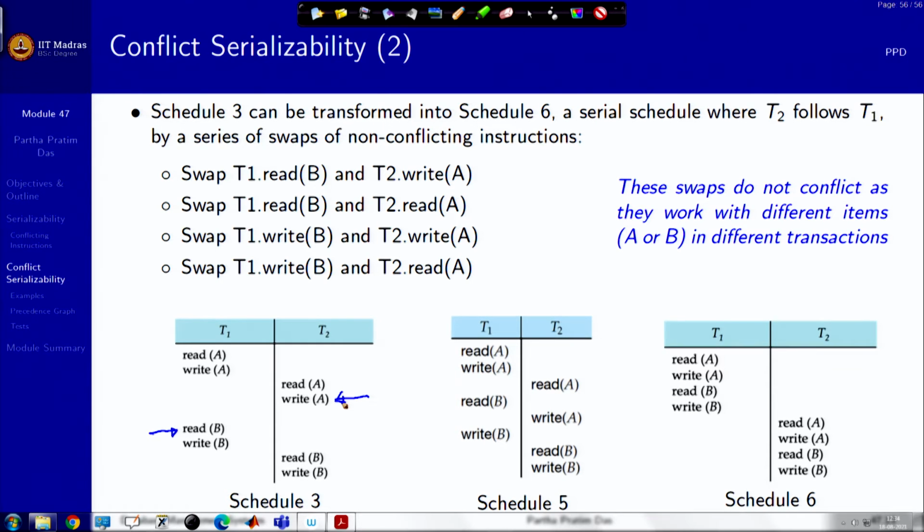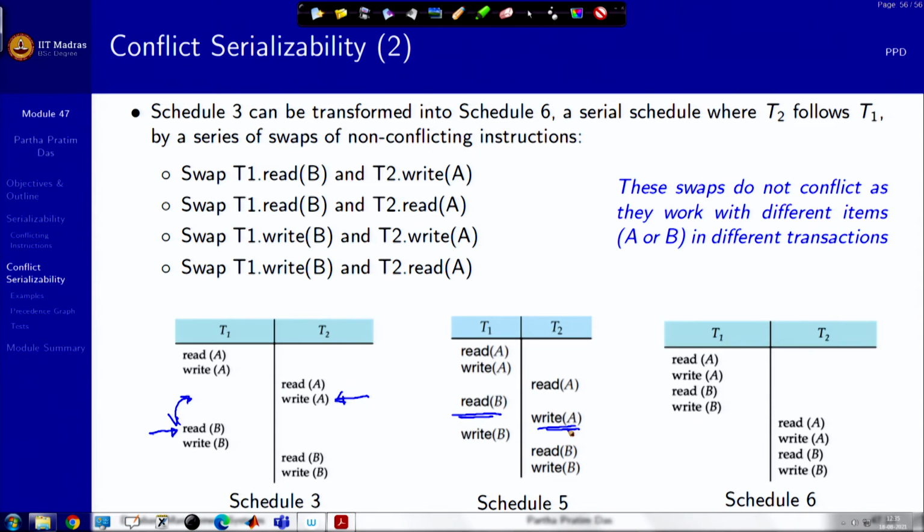Why? Because they are writing and reading different data items, which means I can swap these two. Swapping these two means this goes up, this comes down.